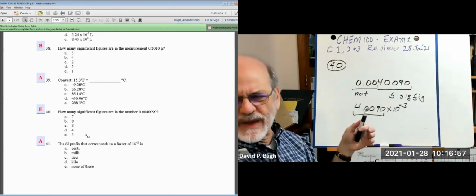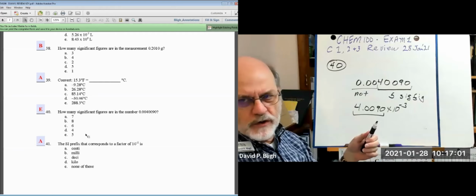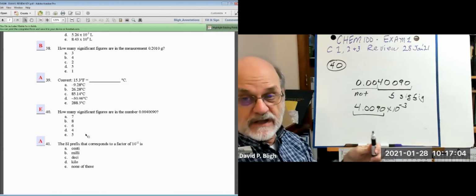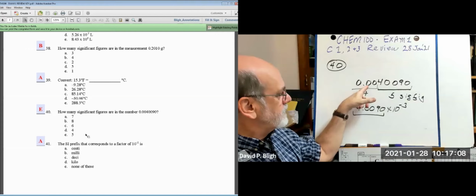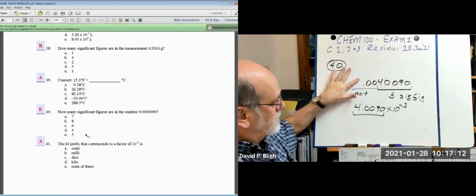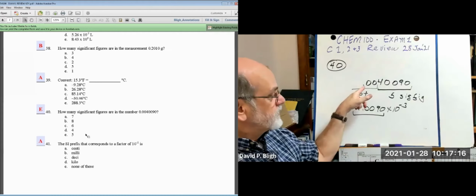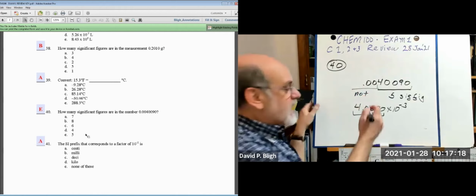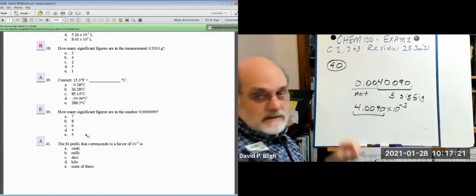This brings up another pet peeve of mine. I don't know where students learn this habit, but you need to get out of it. Whenever you have a decimal sitting out here to the left of a number, that's wrong. When you have a decimal fraction sitting like that, it has to be bracketed like that. That 0 is not significant, but it's important.